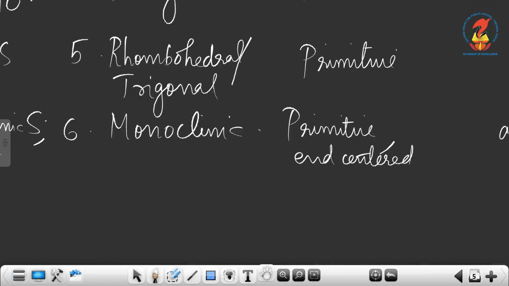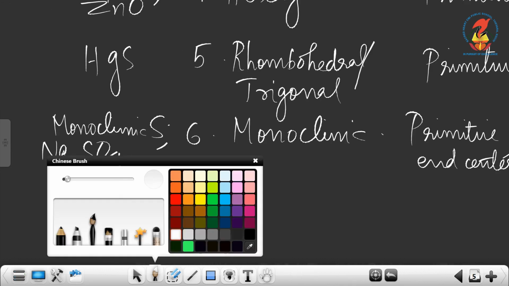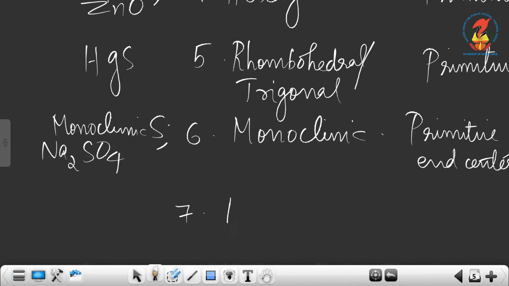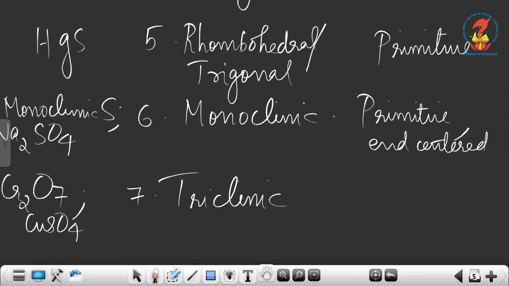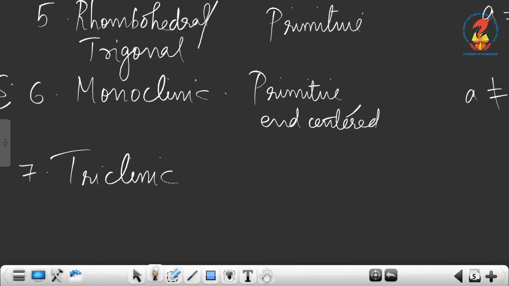Now the last type of crystal class, 7, is triclinic. An example is potassium dichromate. Copper sulfate is an example for triclinic crystal. And the lattice type present is primitive, only primitive type.